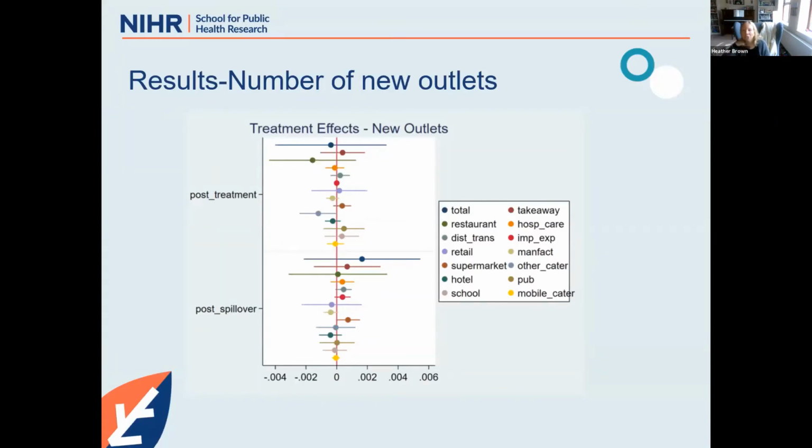If businesses who were going to operate as a takeaway decide to open up as a restaurant, you might see an increase in restaurants in the exclusion zones, or possibly the spillover. Or we might see an increase in the number of outlets in spillover zones if businesses decided not to open in the exclusion zone and instead open in the spillover zones, but we don't actually find that either.